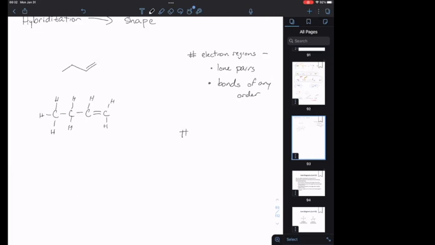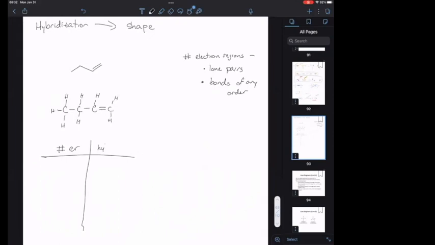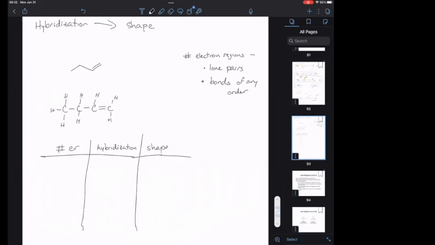And then there's this correspondence where ER, I'm saying electron regions, is going to correspond to the hybridization and thus to the shape of that molecule.